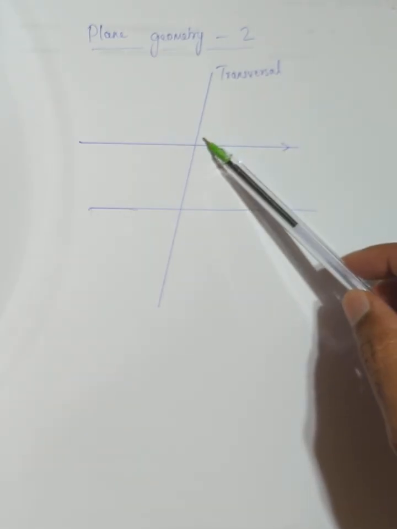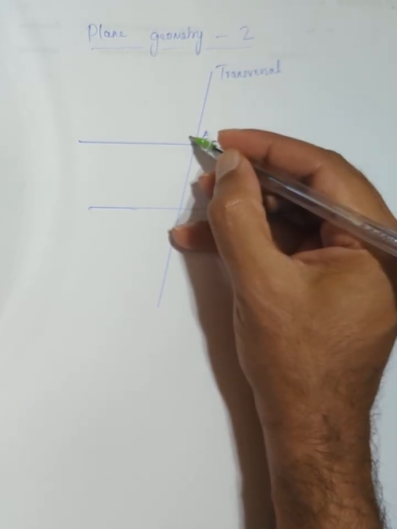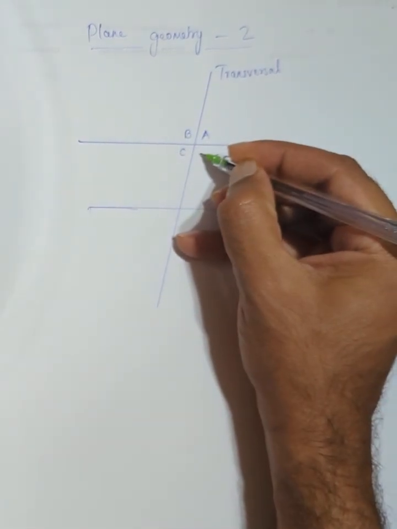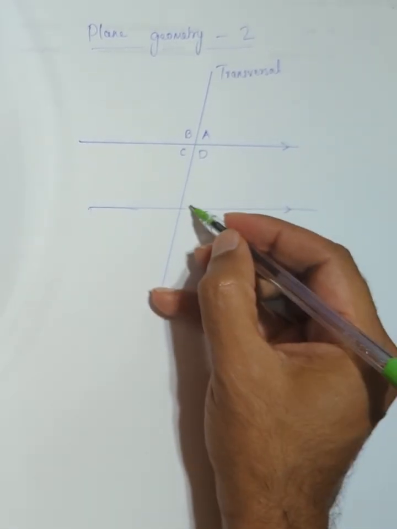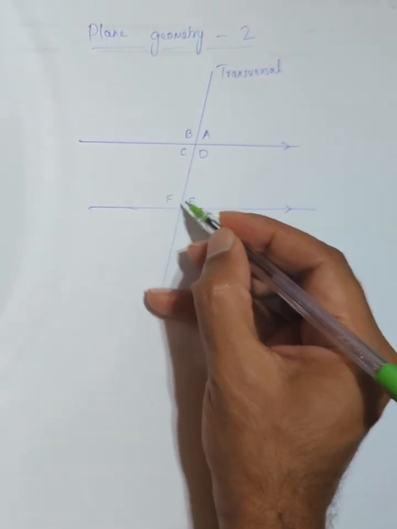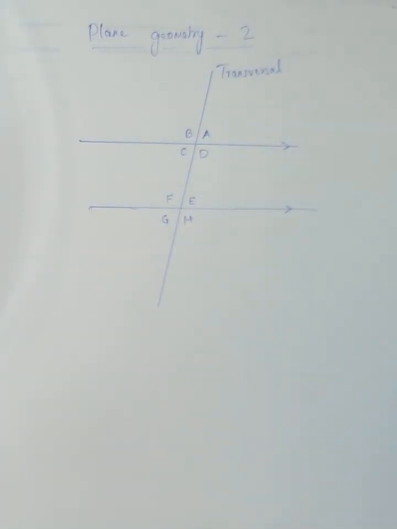So there's one angle here, let's call it A. There's one angle here, B. Then one more here, one more here: A, B, C, D, and then there are four more here. Call them E, F, G, H. Now, if you use a protractor and try to measure all these 8 angles, you're going to observe something.